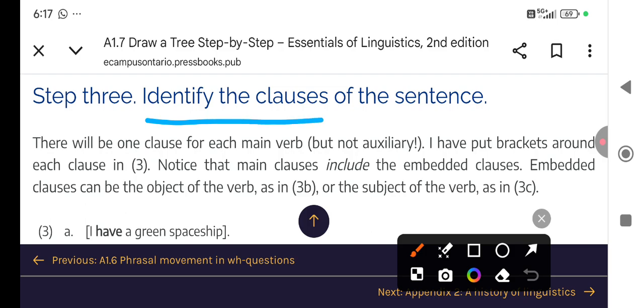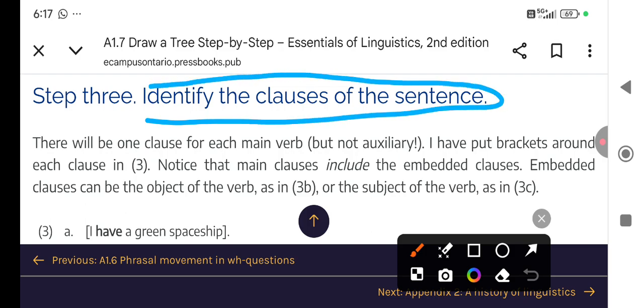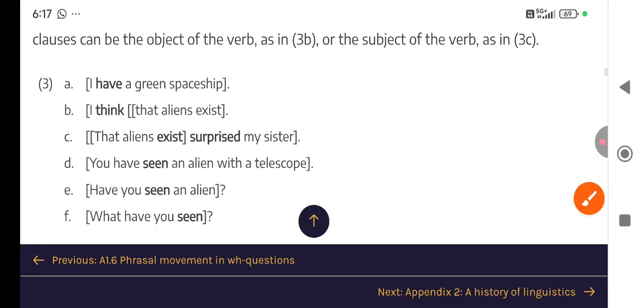But in the third step, what did we do? We identified the clauses of the sentence. That should be the third step: identify the clauses of the sentence. Okay. So we have identified the clauses. That's an independent clause and a dependent clause.